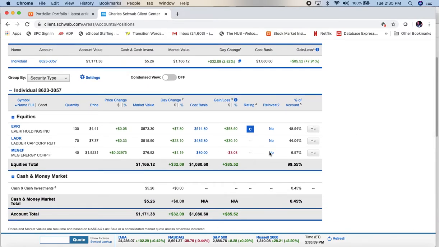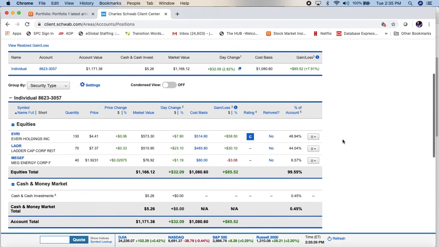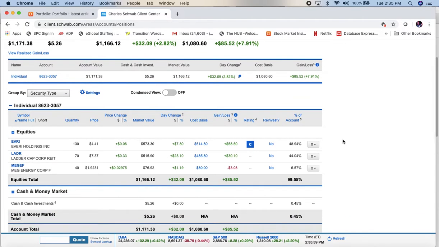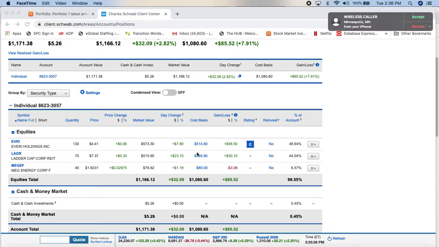Now we're going to be looking at these on another screen soon, and I'll show you and explain that to you. But anyhow, just to give you a quick little familiarization. These are 3 stocks that I have purchased right now. I have EVRI, I have LADR, and MEGEF.